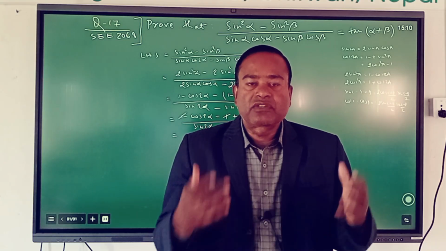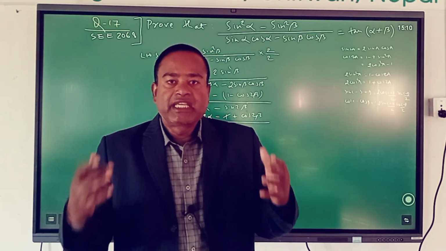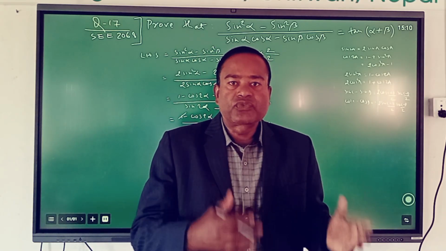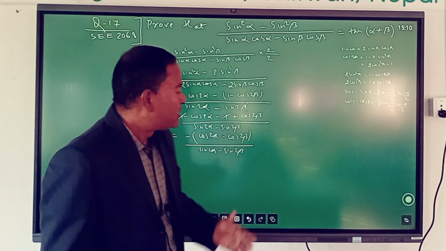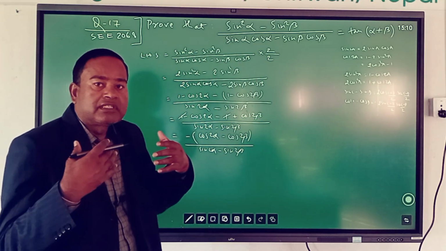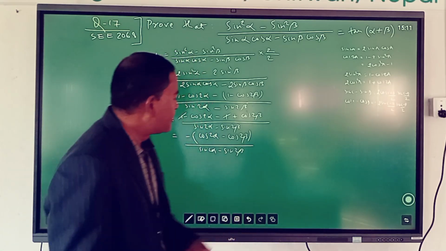And we know that the formula of cos C minus cos D is equal to minus 2 sin (C plus D) by 2 times sin (C minus D) by 2. So let's use the formula of the transformation of trigonometric formula.